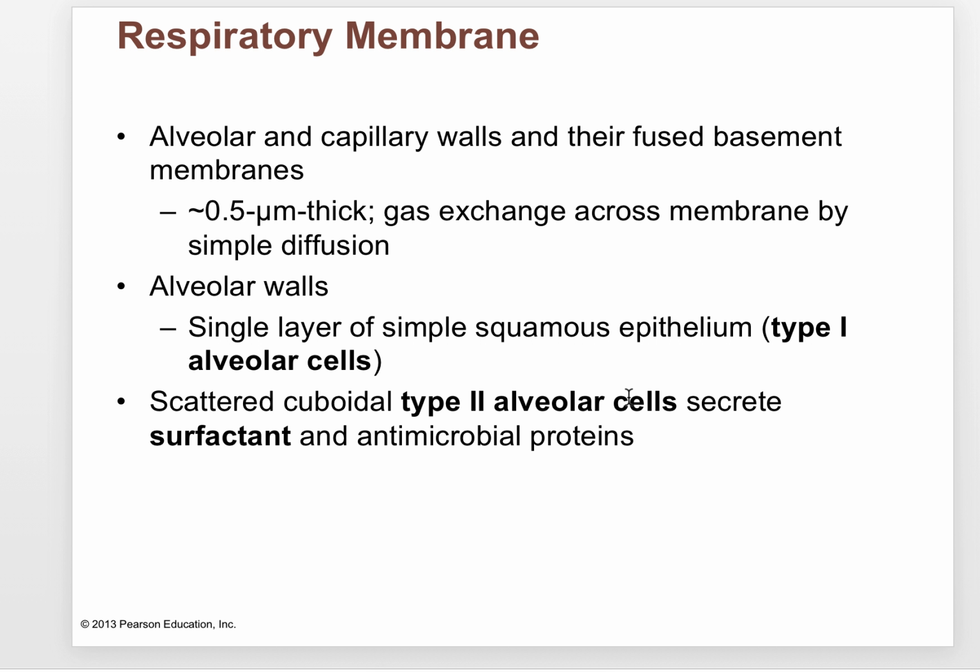The alveolar and the capillary walls have their basement membranes fused together. It's about a half of a micrometer thick. It's a very small distance, so the gas can easily go from the alveoli across the basement membrane into the capillaries, or vice versa.